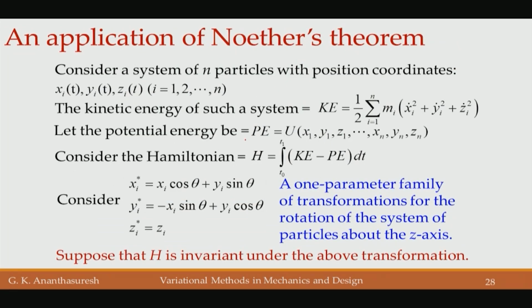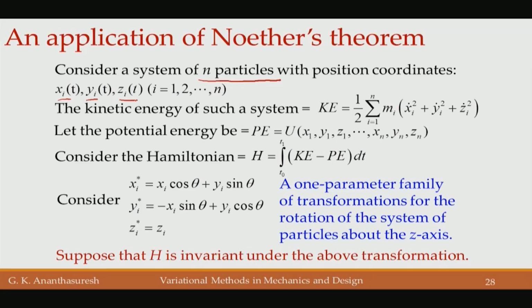Now, let us apply this to a problem to understand this one parameter transformation using which we have defined Noether's theorem. Consider a system with n particles, a mechanics problem, n particles with position coordinates xi, yi and zi as a function of time.